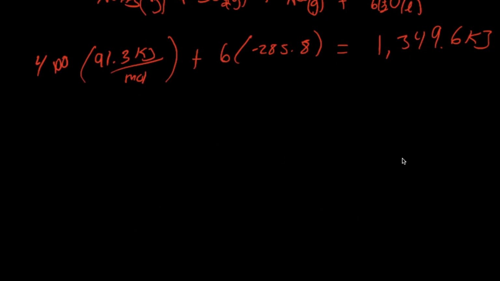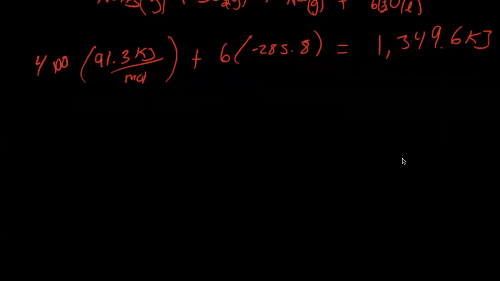Once again, I want to recall the equation: delta H of the reaction equals the sum of the heats of formation of the products minus the sum of the heats of formation of the reactants. We have both numbers now.